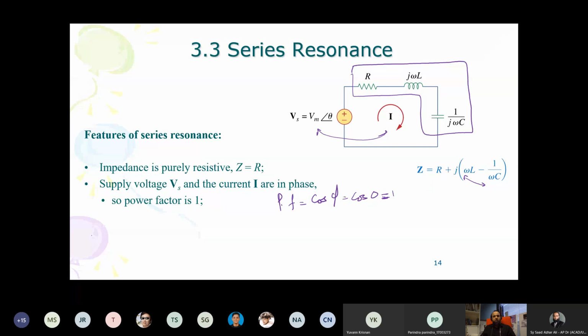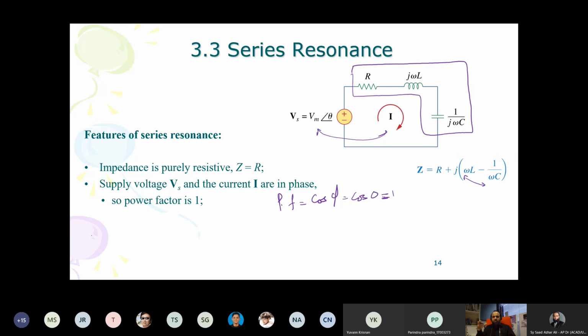If it is lower than 1, there are losses, inductive losses. Since most of our appliances at home are inductive, like motors or lights, that's why you must have seen some capacitor banks or capacitive devices attached in your house that increase the power factor.